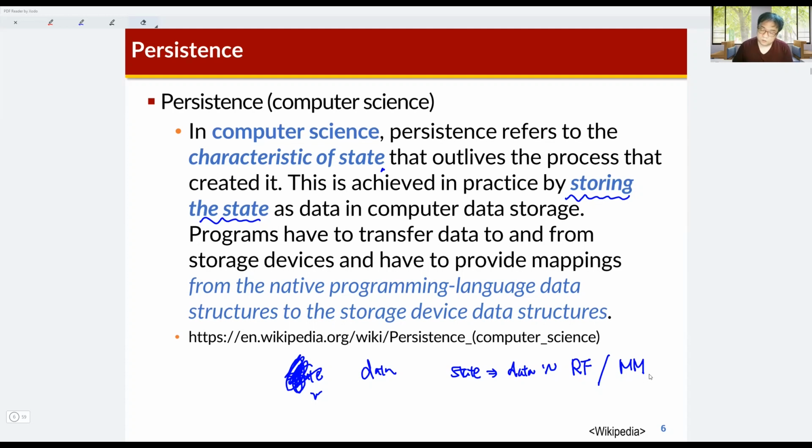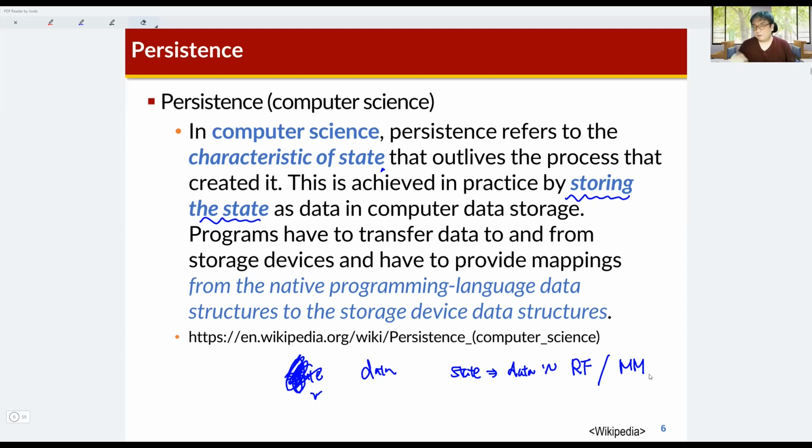So if the instructions are executed in the computer processor, then the data is updated in the register file, like by R-type instructions, or the data is also updated to the main memory by store instructions, the data transfer instructions.